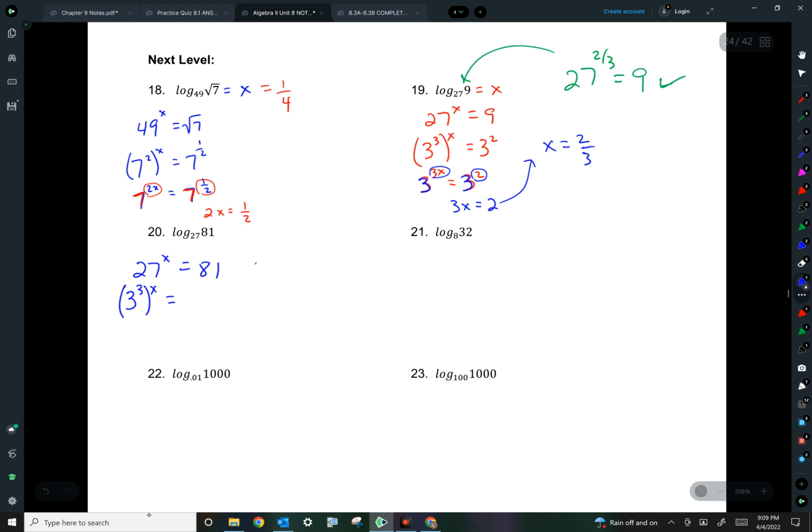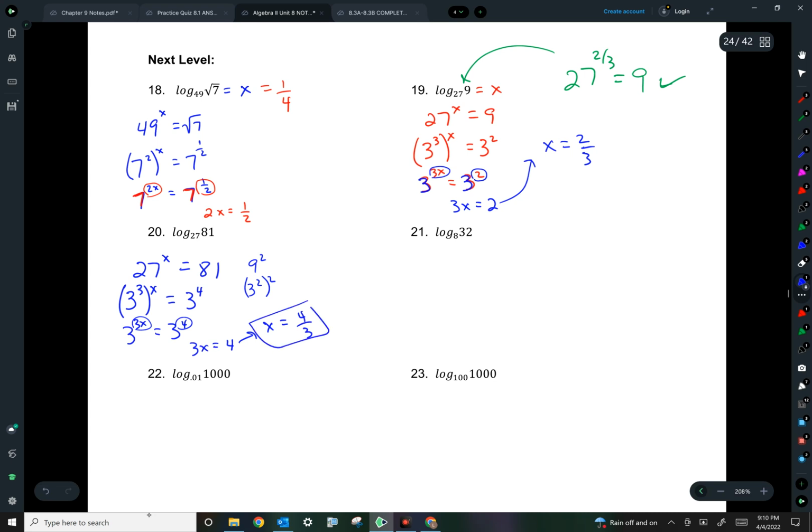I know 81 is 9 squared, and isn't 9 3 squared? Oh, so can't I write 81 as 3 to the 4th? So I actually have 3 to the 3x equals 3 to the 4th because I have the same base. That means the exponents are equal. So 3x equals 4, which means x equals 4/3.